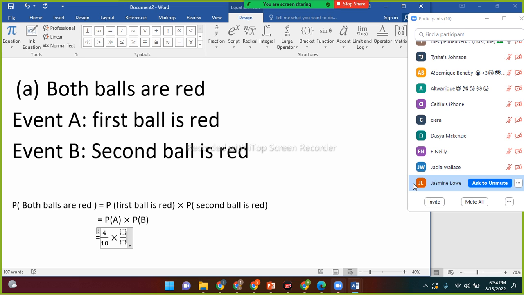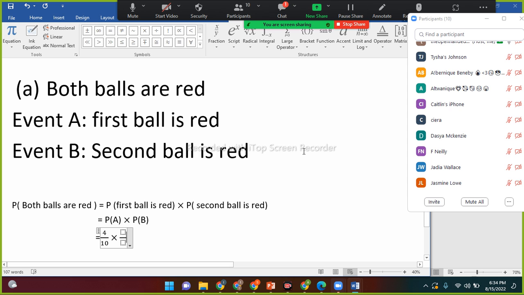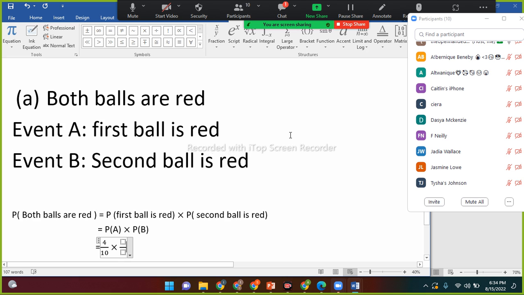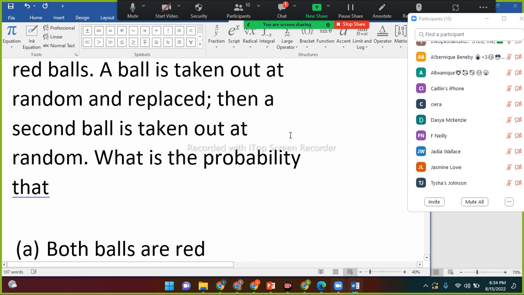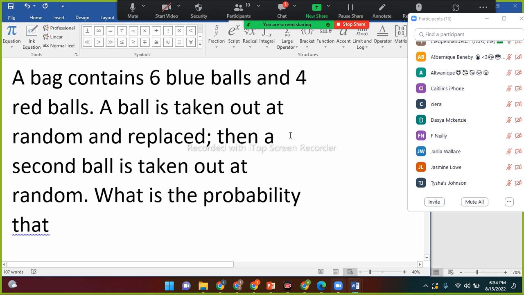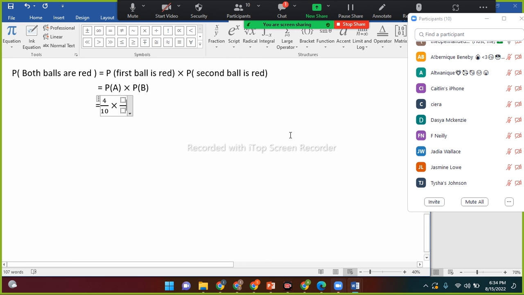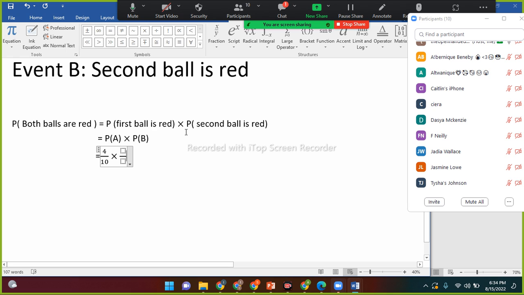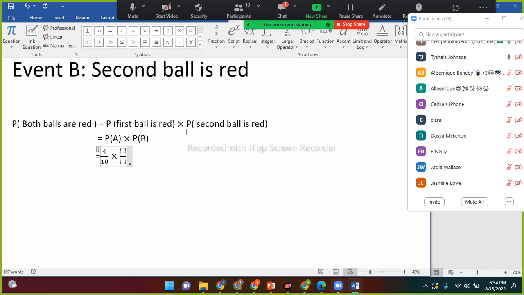6 out of 10. Why do you say 6 out of 10? Because then it would amount to the total amount of balls. No. How many red balls are in the basket on the second draw? 4.